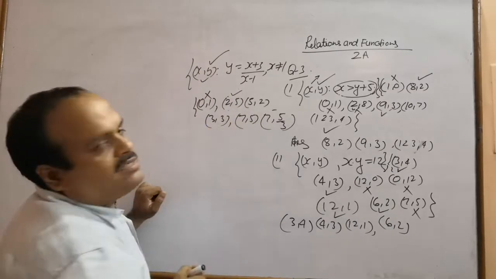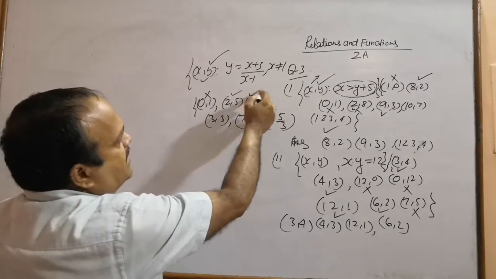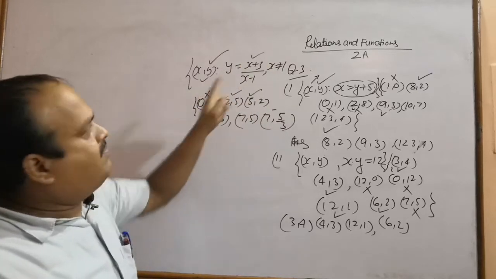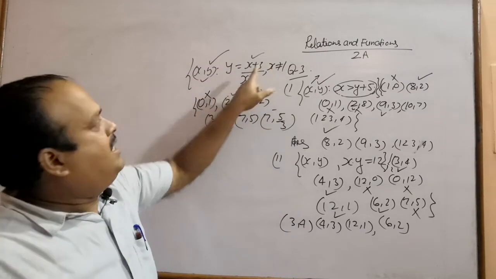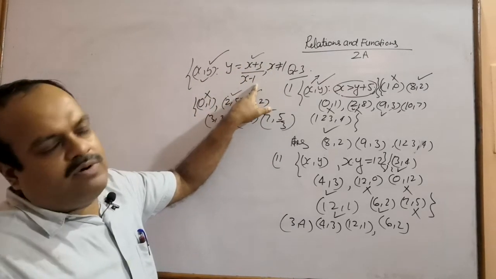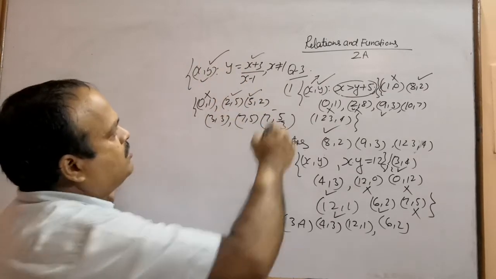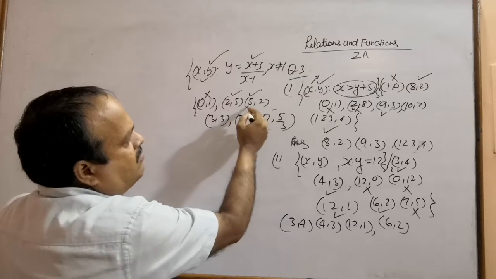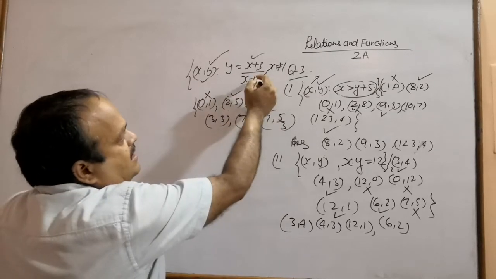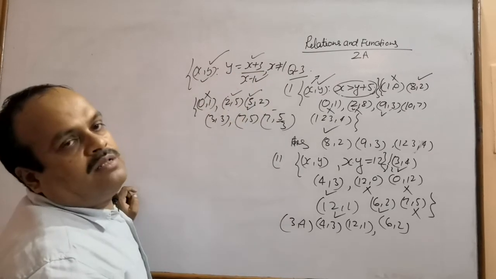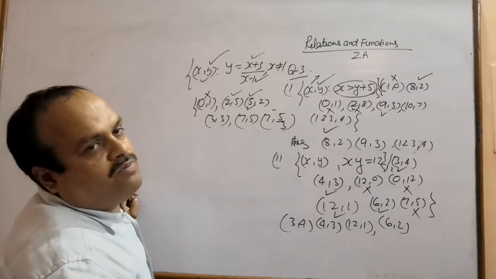Come to the next one. When you put the value of x 5 here, you will get 5 plus 3 is 8 upon 5 minus 1 is 4. So 8 upon 4 will be 2. So when you put the value of x 5 and calculate by this, you will get the value of y 2.